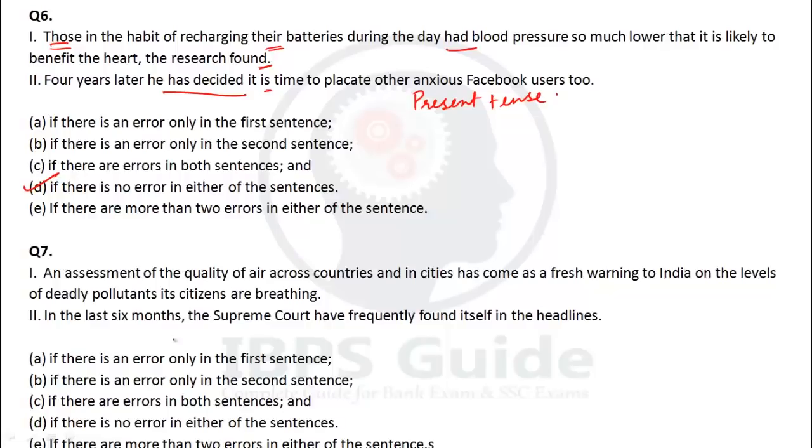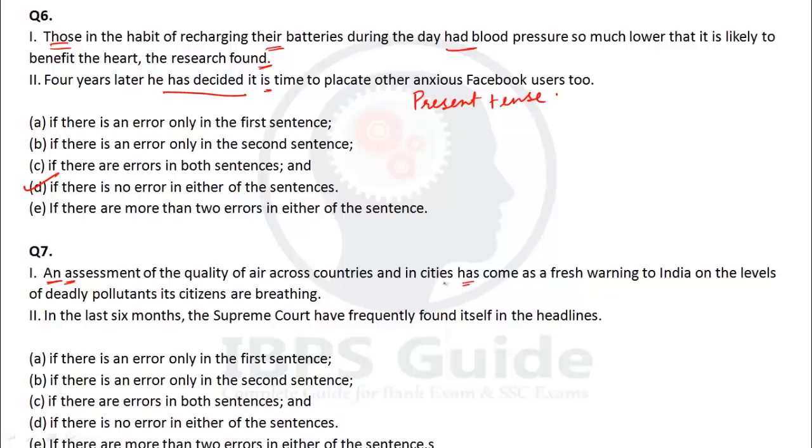Let's move to question number 7. An assessment of the quality of air across countries and in cities has come as a fresh warning of India to the level of deadly pollutants its citizens are breathing. First sentence, An assessment, it started with A, that's why we take an assessment of quality of air across countries and in cities has come.